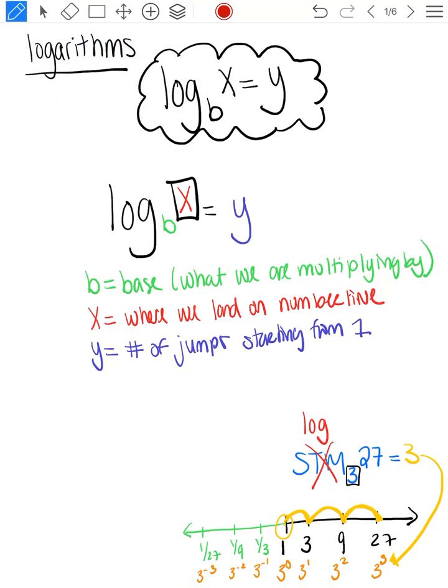So maybe the box was around x and you were trying to figure out what x was, or maybe the box was around y and you were trying to figure out what y was, or you can know x and y and maybe the box is around b and we're trying to figure out what b is. But those 3 things: the little number, our tiny subscript, is the base, x is where we are landing on the number line, and y is the number of jumps. So the number of jumps is the thing we're trying to find. It's the output.